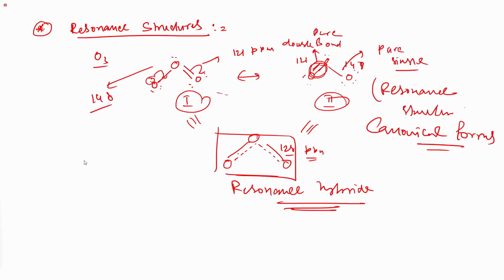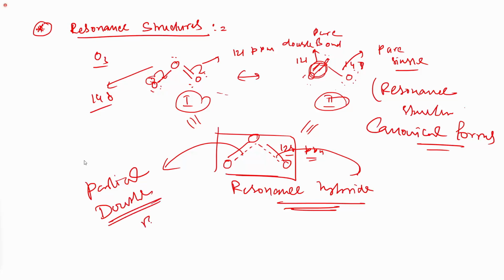But in the resonance hybrid, these are not pure double bonds or pure single bonds. This is a partial double bond. So there is double bond character, but it is not the full double bond character.